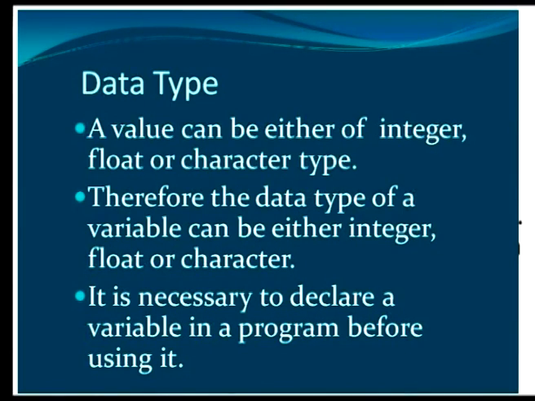It is necessary to declare a variable in a program before using it. Now, how to declare a variable in C language? Declaration of a variable means that we write a statement in a program through which we instruct the compiler that we will use some type of variable in the program.